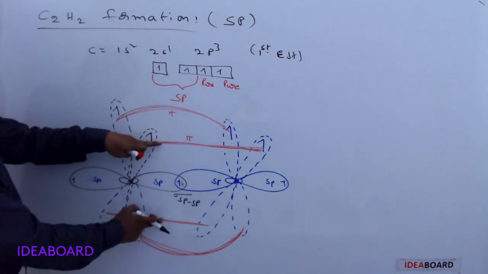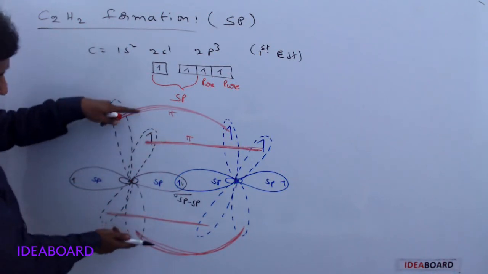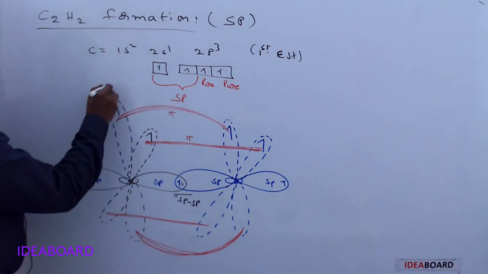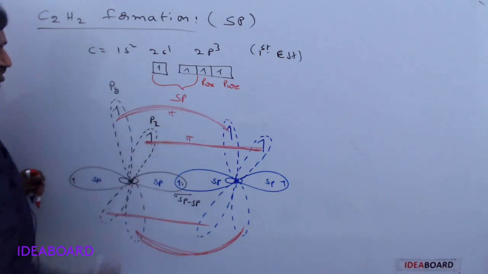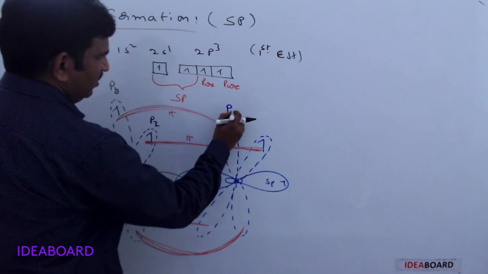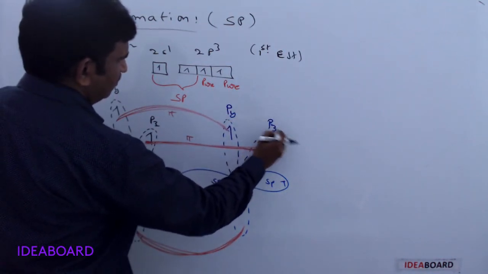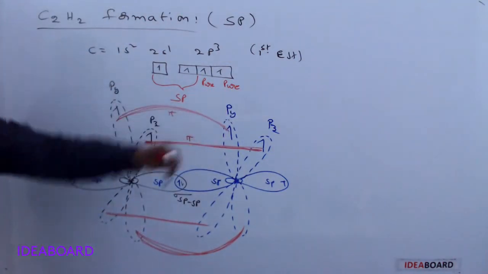This is one, above and below the plane, and this is the second one. These are pure orbitals, suppose this is a py orbital and this is a pz orbital. Here also this is a py orbital and this is a pz orbital. By this they form a pi bond.